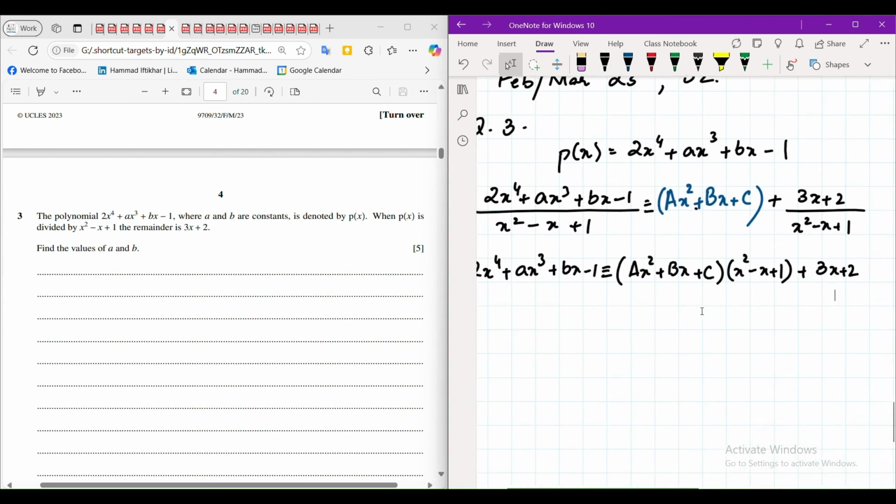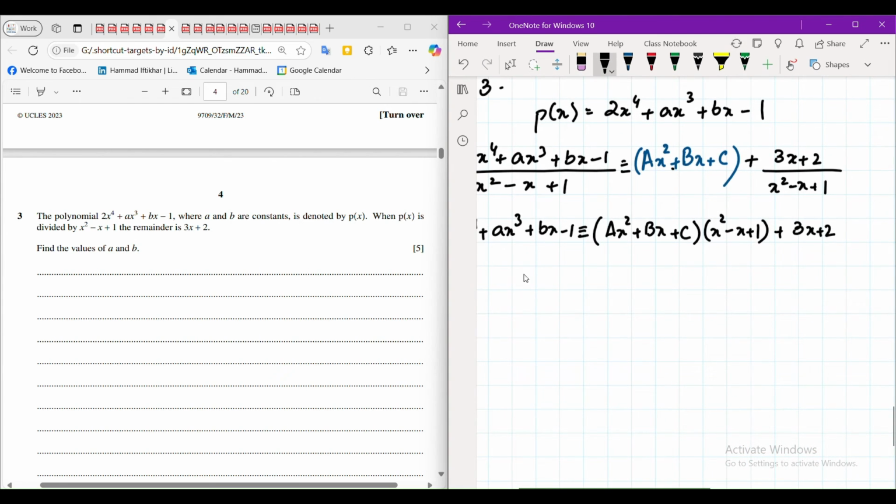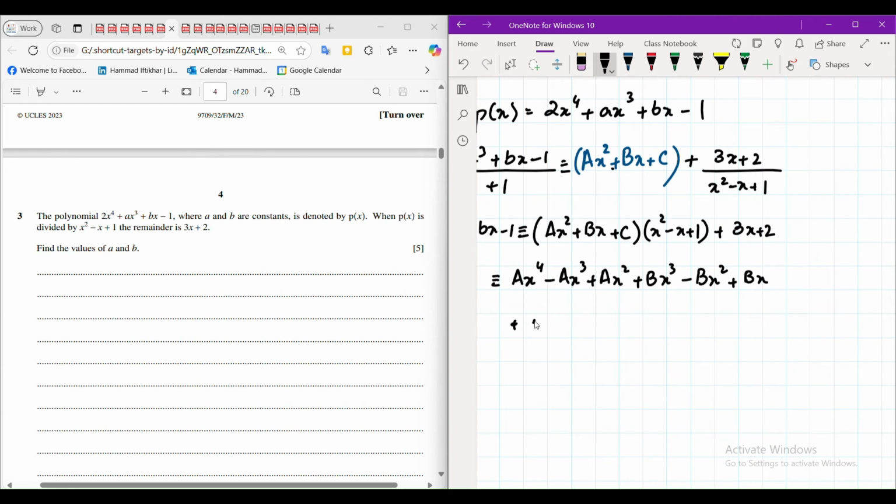Now let's expand the right hand side. Ax^4 - Ax^3 + Ax^2 + Bx^3 - Bx^2 + Bx + Cx^2 - Cx + C + 3x + 2.